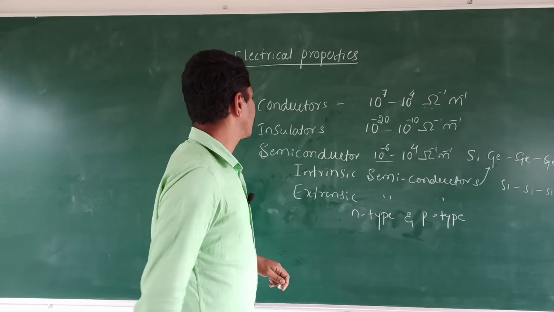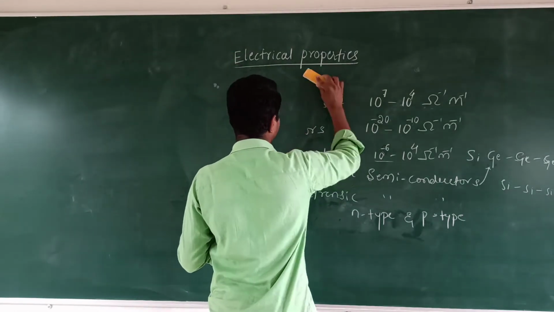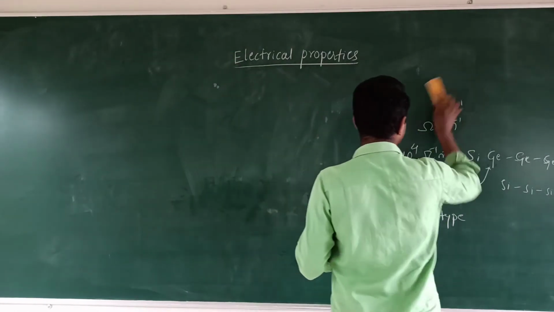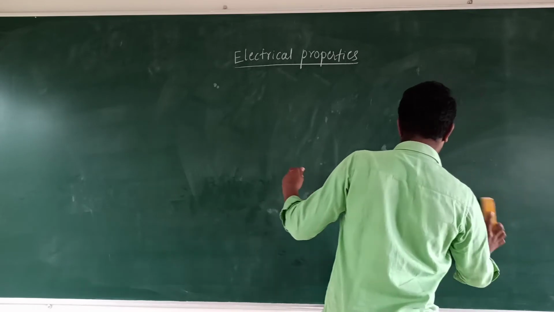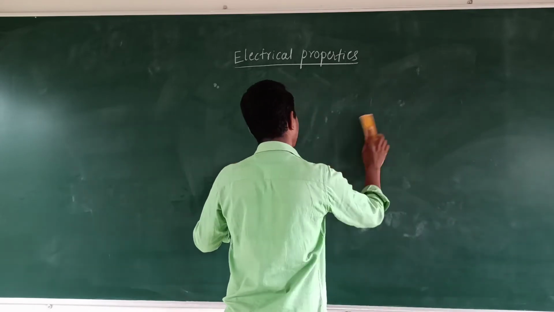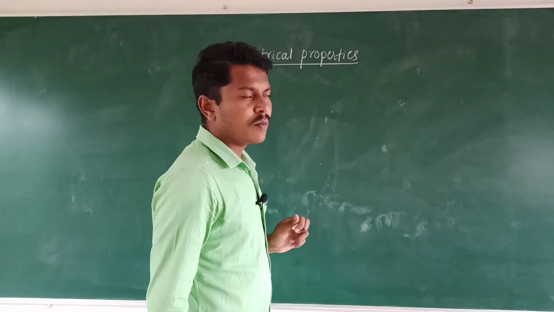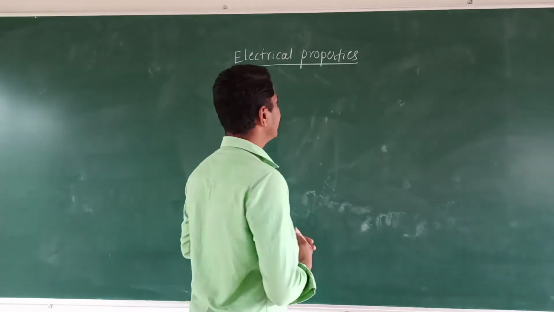Next, we go to the concept of N-type and P-type semiconductors. P means positive, N means negative. Got it? P means positive, and N means negative.